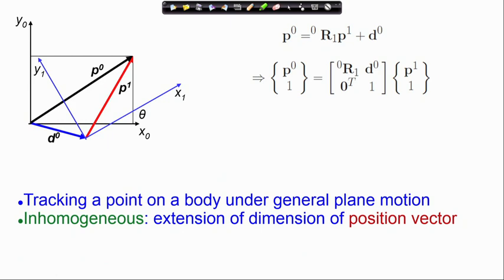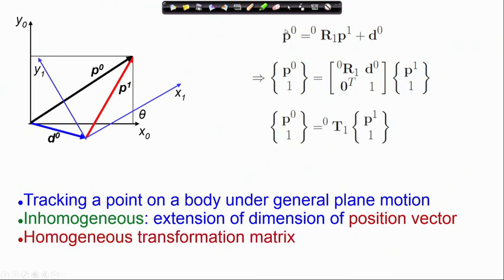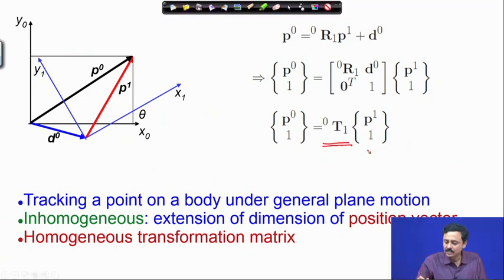So, in this way we have been able to get to what is known as the homogeneous transformation matrix, which is represented as T from 1 to 0, which takes a vector P 1, 1 to P 0, 1. This 1 is an additional element which is of no consequence at present.